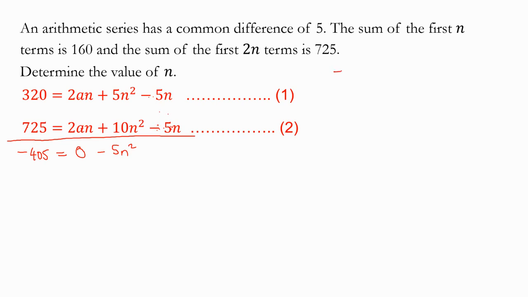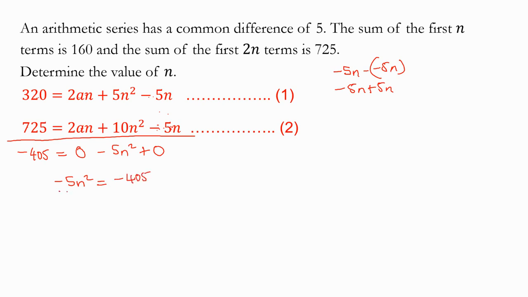Let me write it here. You see, you get negative 5n plus 5n, and then we're getting plus 0. See that? So we're basically left with negative 5n squared is equal to negative 405.